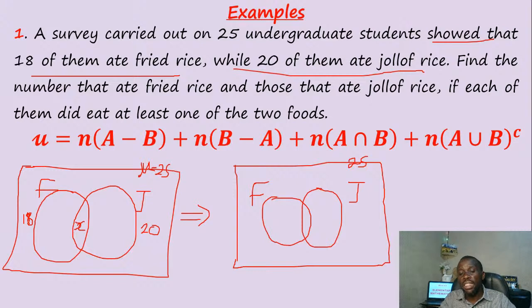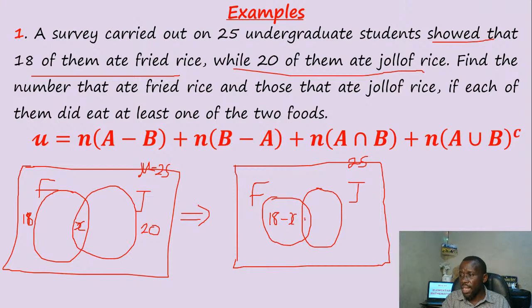And if I put 18 inside, it will not be 18, it will be 18 minus X, because I want to know only those that ate fried rice. They did not eat both. So it has to be 18 minus X. So I will put it inside and it becomes 18 minus X.